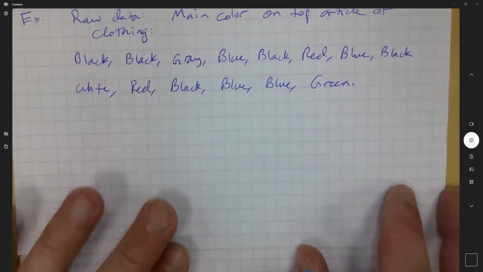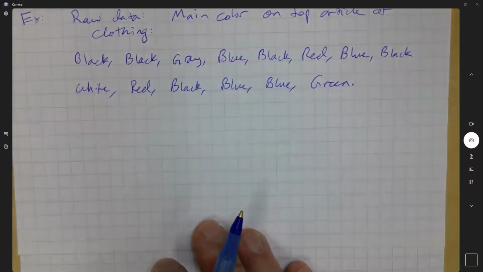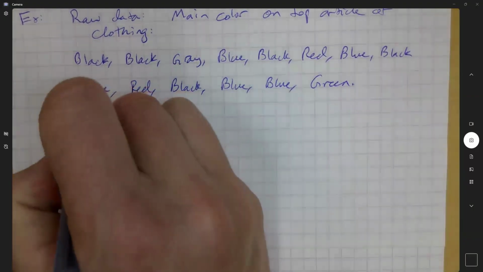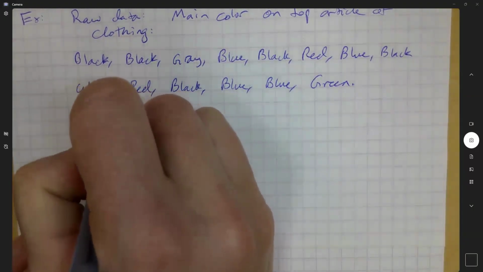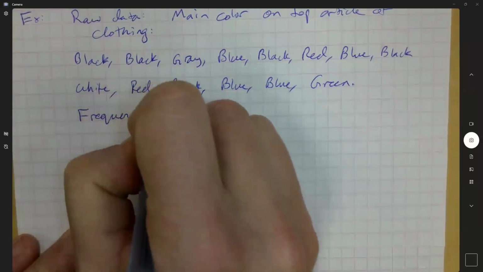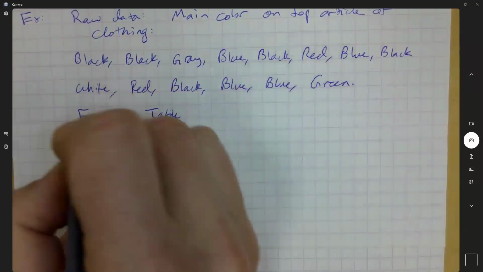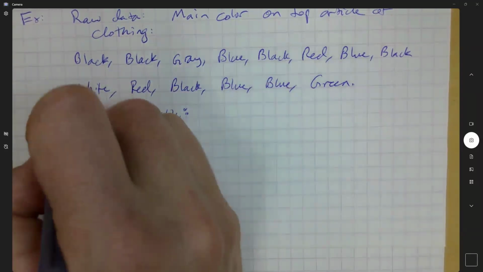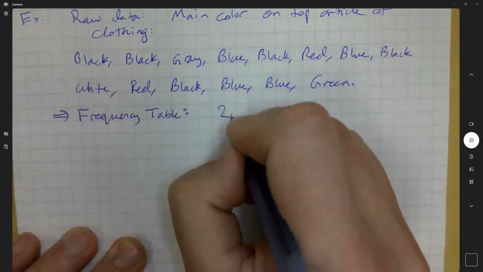So let's organize this data in a visual that'll increase our speed of understanding a little bit with the frequency table. A frequency table has two columns.